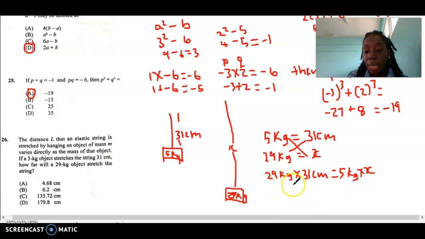So 29 kilograms times 31 centimeters will give me 899, and that is equal to 5 kilograms times X.